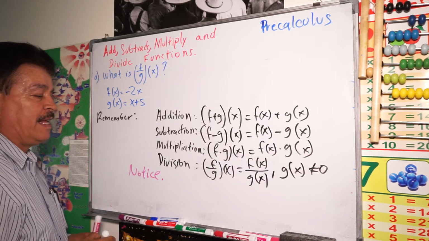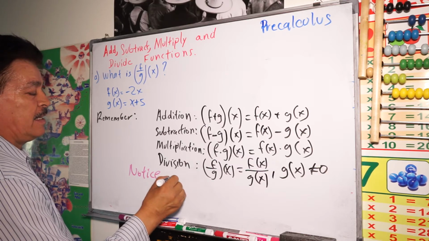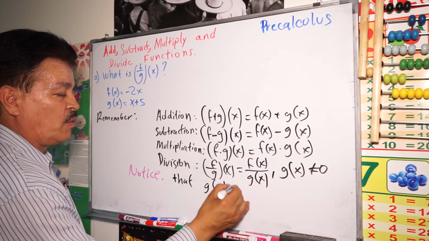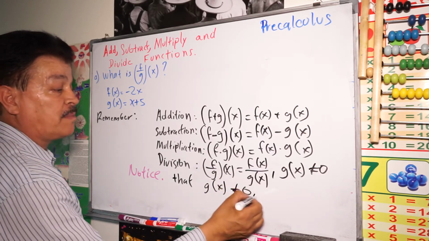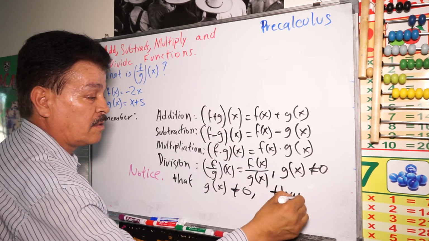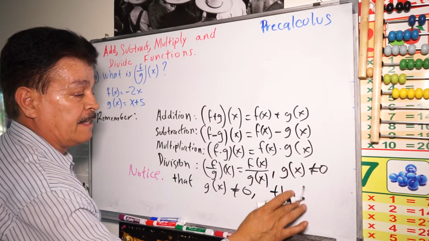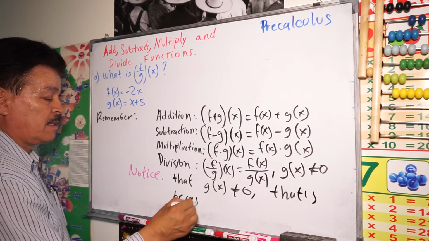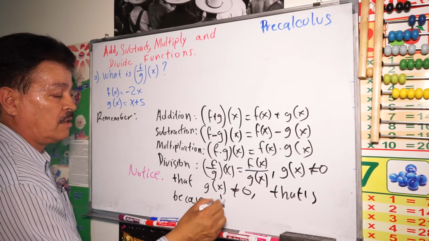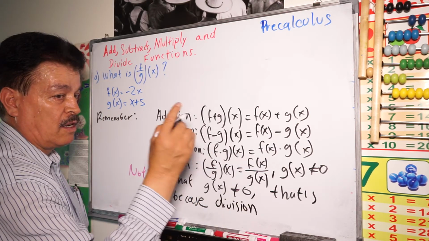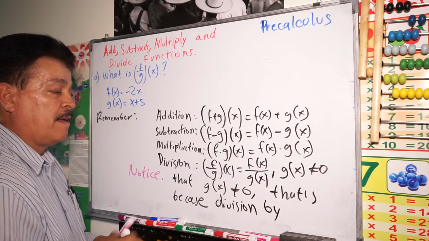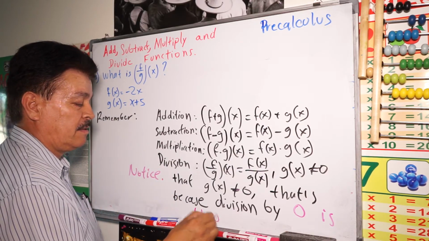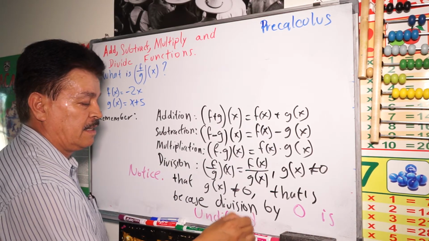Notice that g(x) must be different from 0, because division by 0 is undefined.